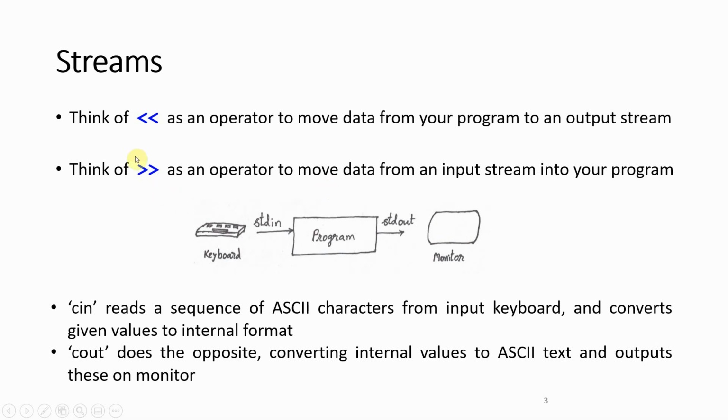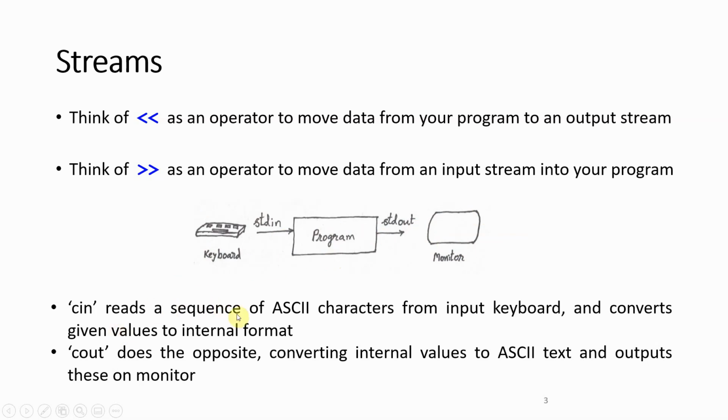And think of the extraction operator as an operator to move data from an input stream into your program. For example, cin would move data from the keyboard into your program. Now what we will be discussing today, instead of flowing data to the monitor or from the keyboard, is how to flow data into a file or from a file into our program.